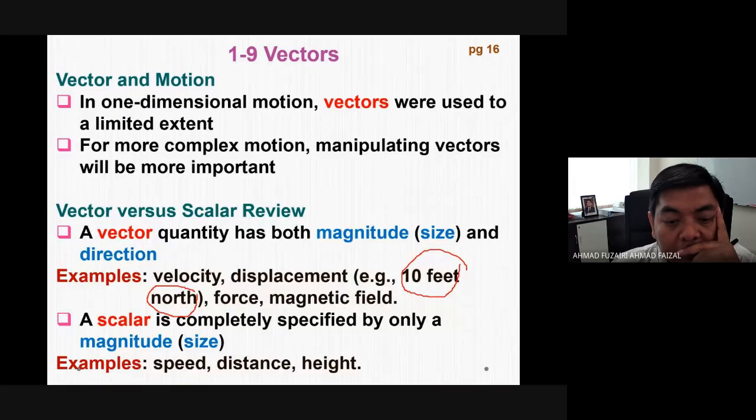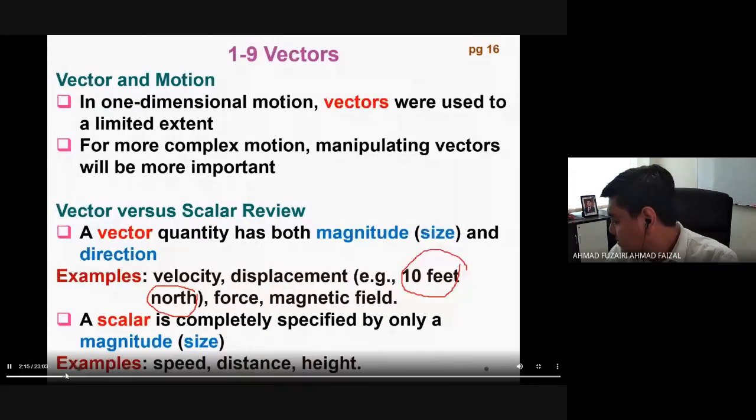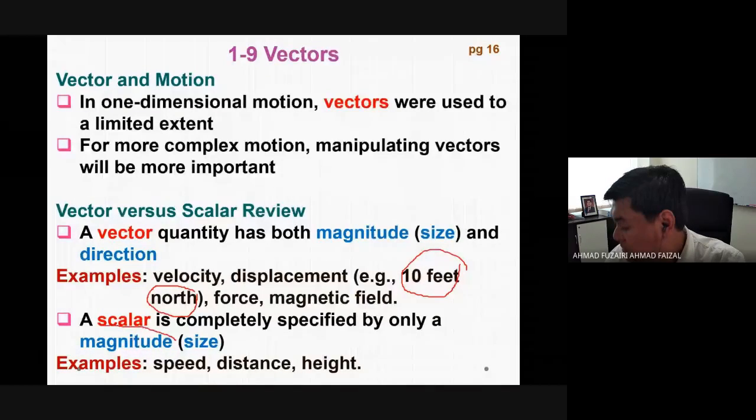Okay, and then force and also magnetic field. Okay, a scalar is completely specified by only a magnitude, or we call it a size. So for example, here is a speed, distance, and height. For example, if you have 20 meter per second, it means that here 20 meter per second is regarding magnitude.